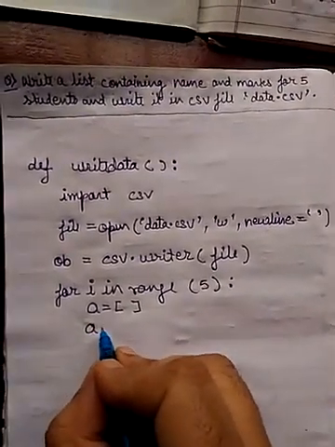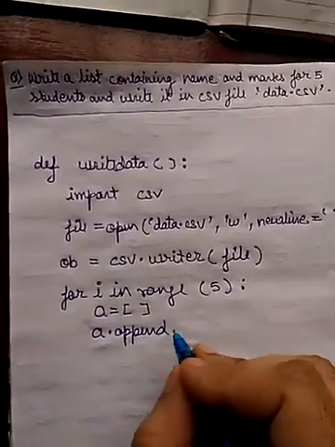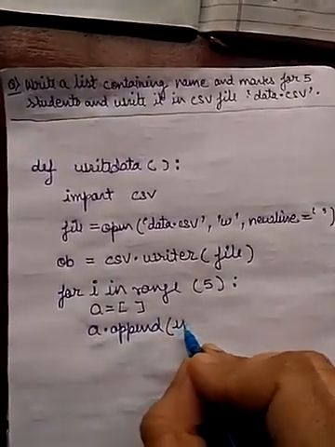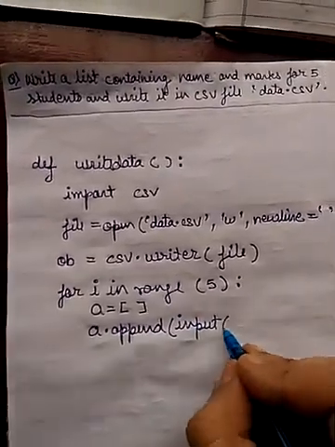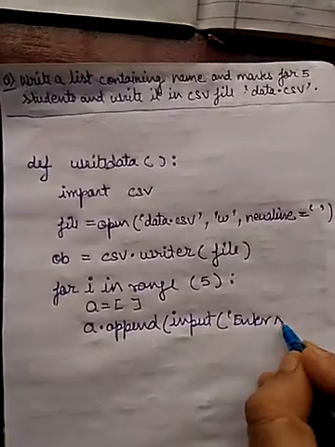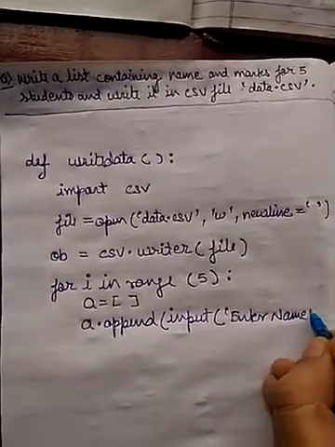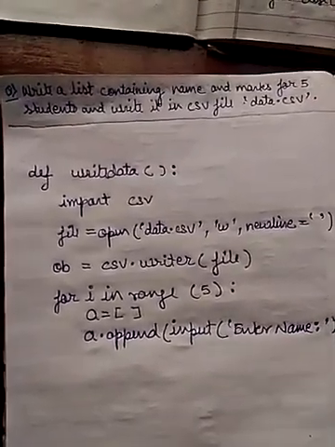So I am writing here A.append. I want to take the name, input, enter name, this input close, append close.